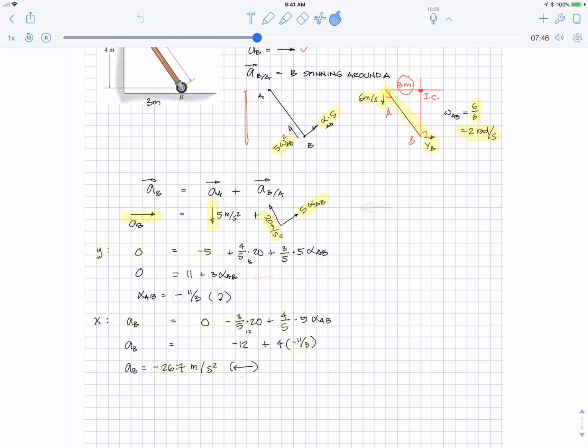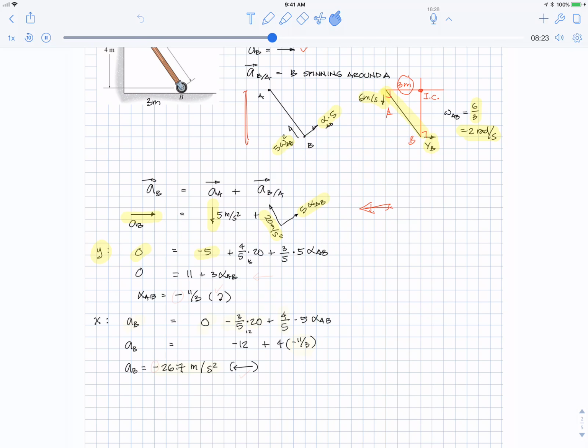Once we have this picture, all that's left to do is take x and y components to solve for the unknowns. And so I noticed that the unknowns are a B and alpha AB. They both have x components, but only the alpha AB is in the y direction, so I decided to start with the y components first. So taking the y components of everything in the picture, there's no y component there. This is minus 5. Okay, so that 20 going up to the left, the y component is 4/5, so it's going up.